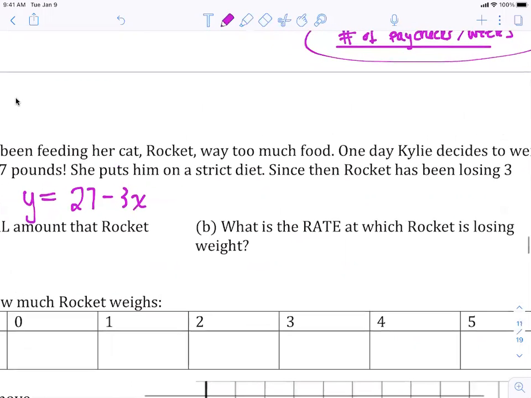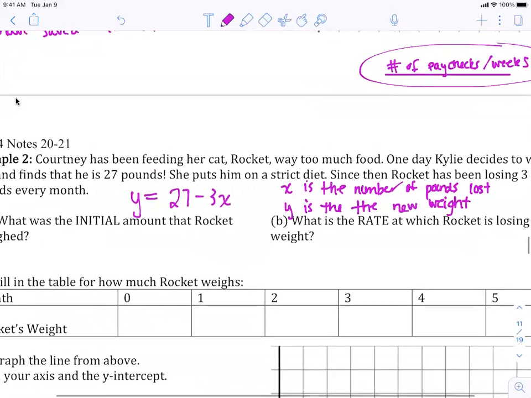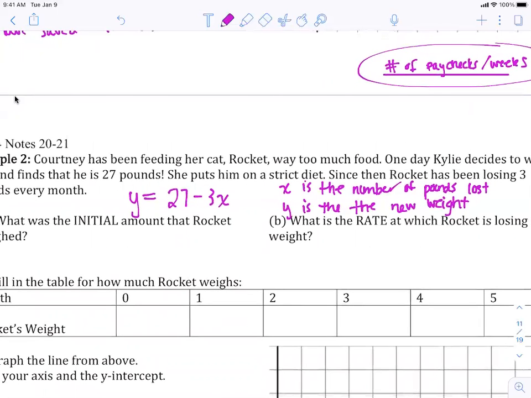Where, just so you guys are aware, x is the number of pounds lost, and y is the total weight lost. Or is the new weight of Rocket. All right, guys. So now pause your video. Now give it a try.